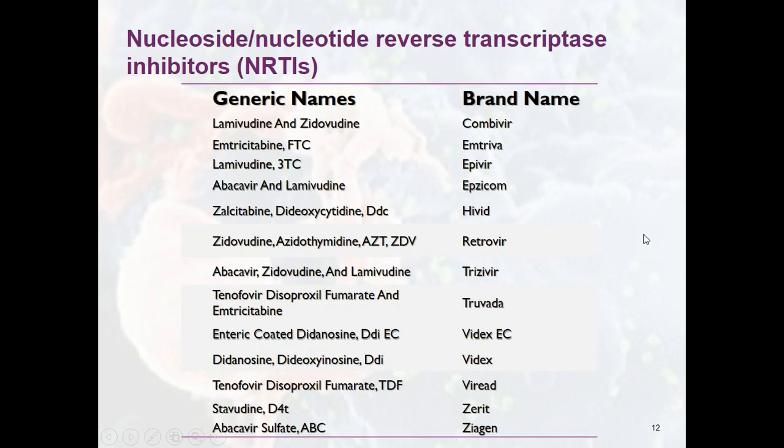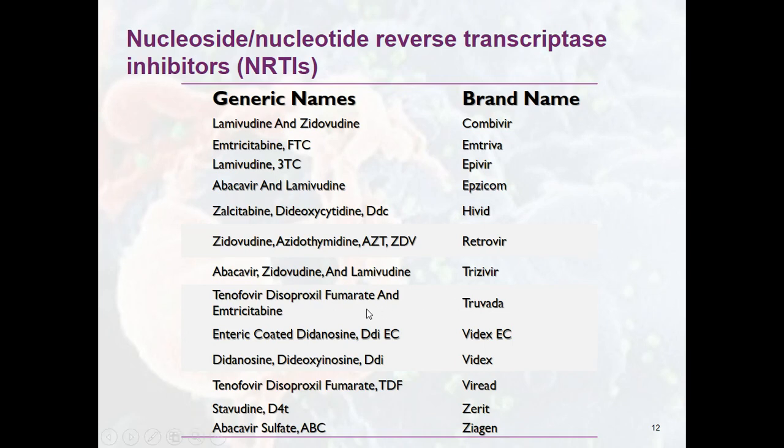So here's a list of some of the NRTIs that are used. And of course, with any medication, when you're familiarizing yourself with them, we're encouraged to use the generic names and not the brand names. Because when you're working with your medications, most of them come up from the pharmacy with their generic names.